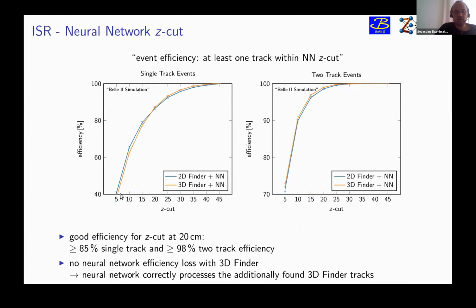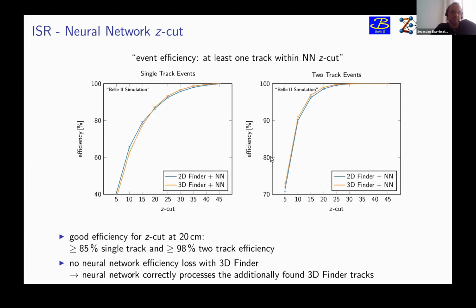So we take the estimate of the neural network and only take the event if the estimated track value is smaller than the cut value here on this axis. And for single track events, if we cut, for example, at 20 centimeters here, we get 85% of these initial state radiation events. And for 2-track events, we get even 98% of these pi plus, pi minus events.